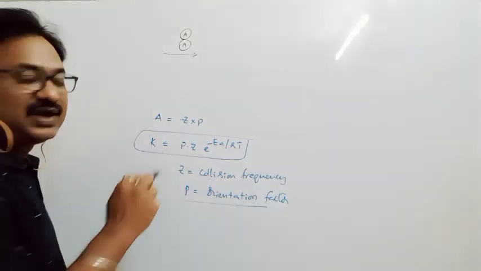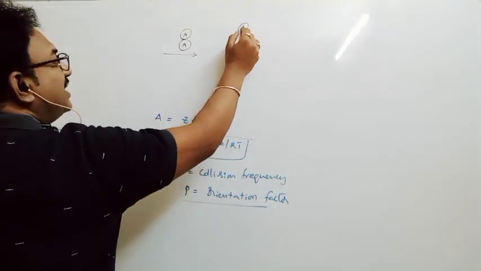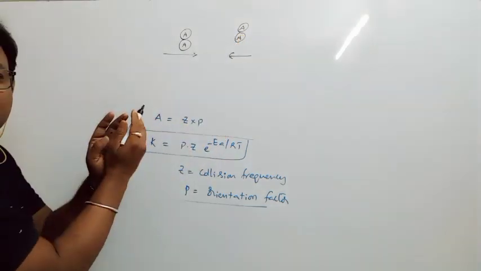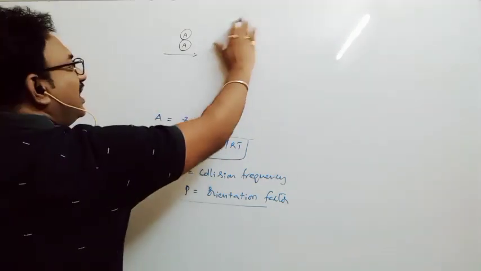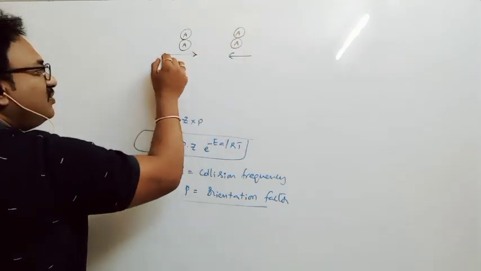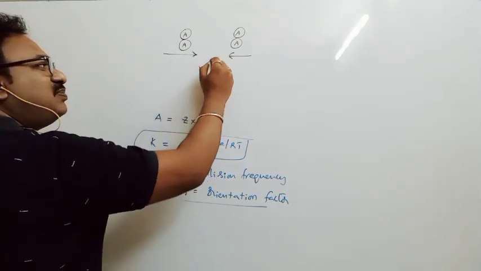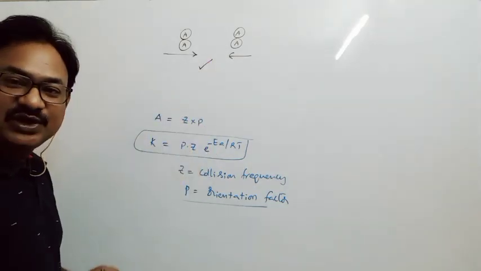It is a reactant. Now, if the collision orientation is like this, बाबू ऐसा collide हो रहा है vertically, if they are collided like this, we are assuming it is a proper collision. This proper collision leads to the formation of product.